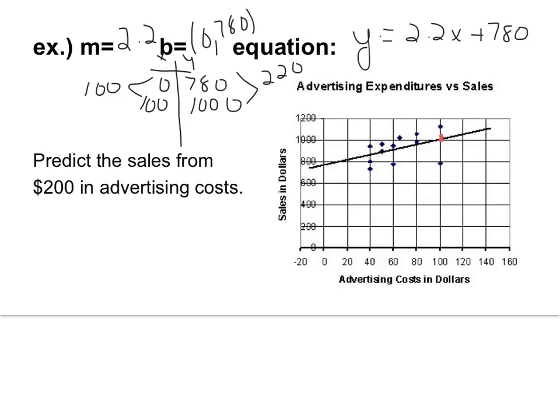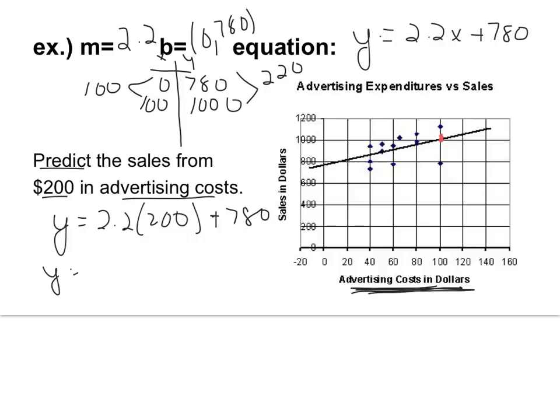Now that we have a line of best fit, we can use it to predict. It says predict the sales from $200 in advertising costs. So $200 in advertising costs is my x variable, because here it is right on the graph that it is my x. So I'd have y equals 2.2 times 200 plus 780.